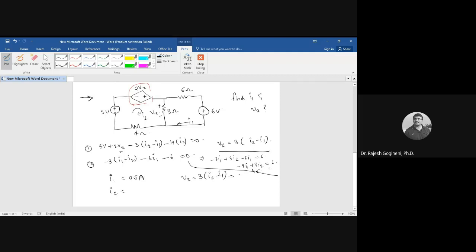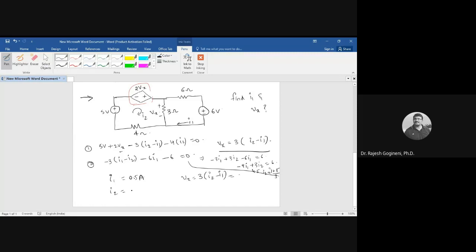So 6 plus 4.5, 10.5. I2 is 10.5 divided by 3, right? Is it 3.5? I2 is 3.5, right?